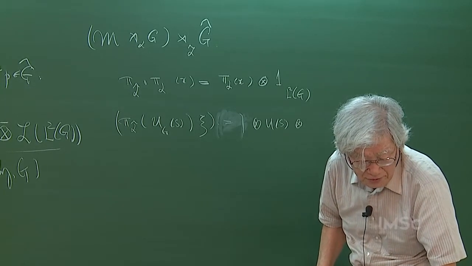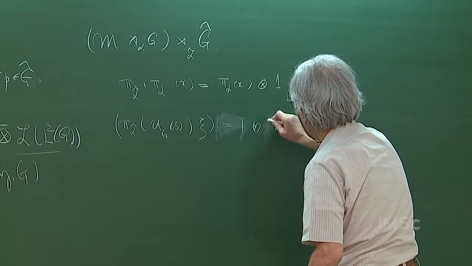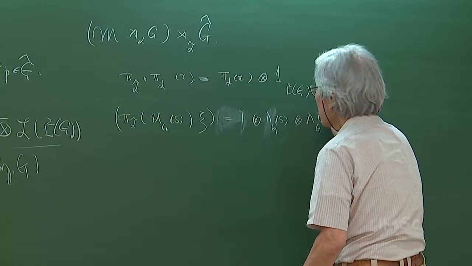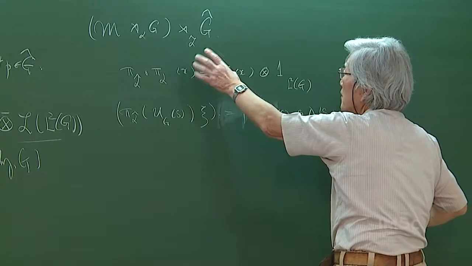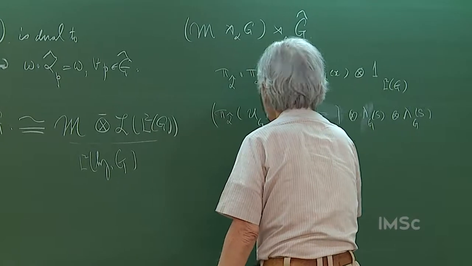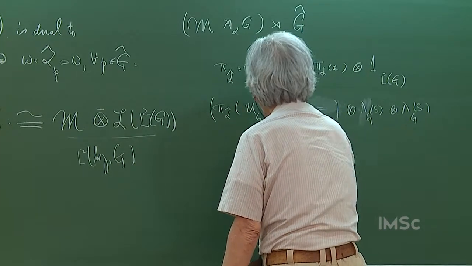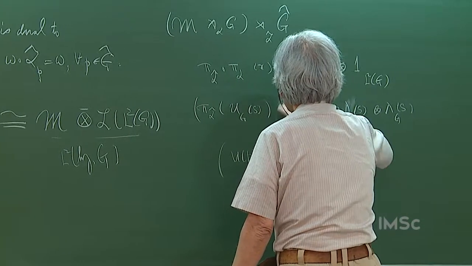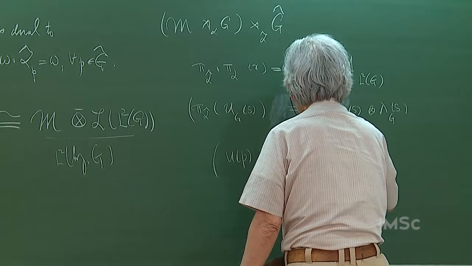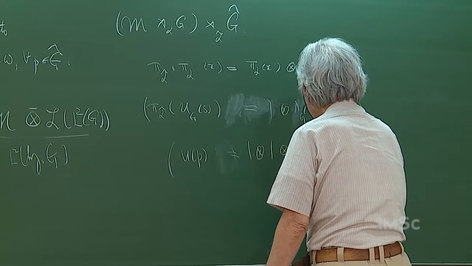Let me see, V_P. Oh, okay. Here, lambda is the left regular representation. That's the way it acts in this space, and then U_P of xi is indeed 1 cross 1 cross mu of G_P.